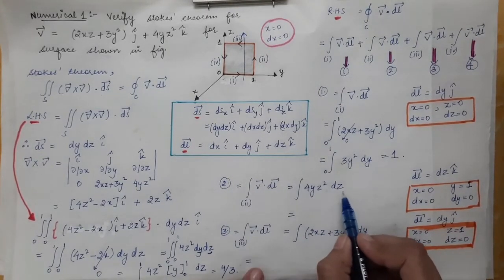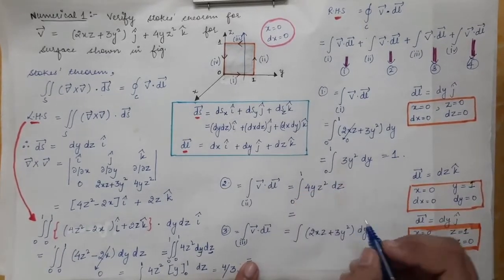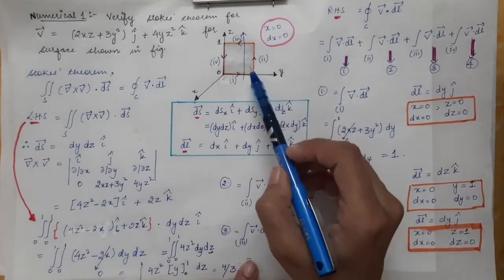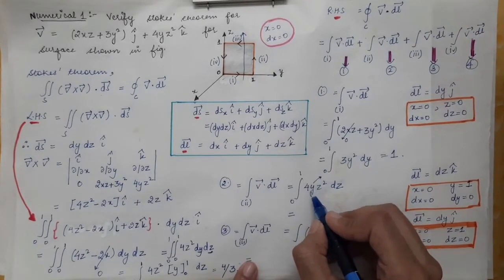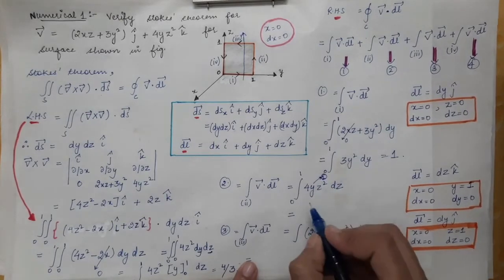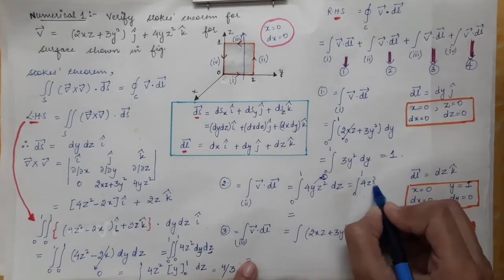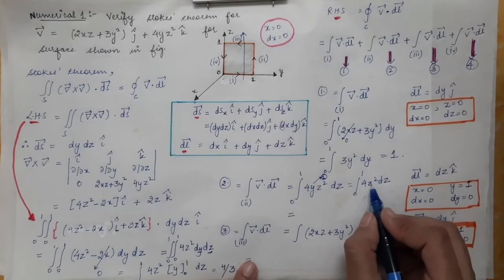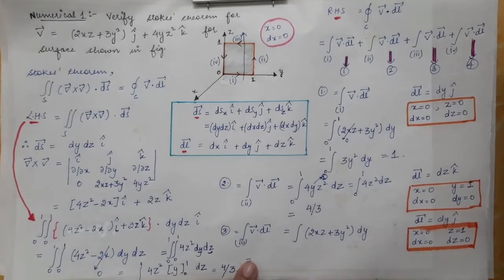Now here we have the dz variable, and the limits of z go from 0 to 1. And along the second path, y is equal to 1, so we put y equal to 1. So the integral will be from 0 to 1 of 4z square dz. When you evaluate this integral, it will be 4z cube divided by 3, so this will be simply equal to 4 divided by 3.